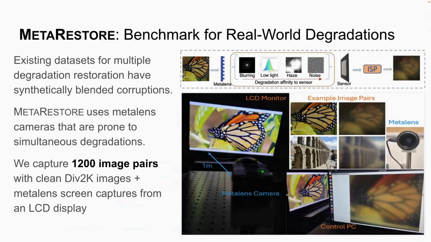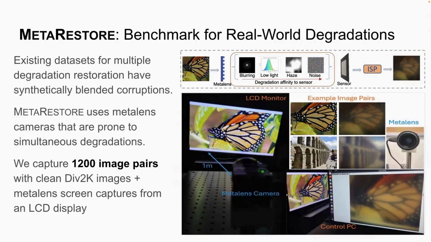We also talked about this Meta-Restore benchmark for real-world degradation removal. Since existing datasets have synthetically blended corruptions, which are not really real-world, in our case we have these meta-lens cameras, which are prone to simultaneous degradations. Using these, we capture 1200 image pairs with clean images from the DIV2K dataset, and the severely degraded meta-lens captures through an LCD display.